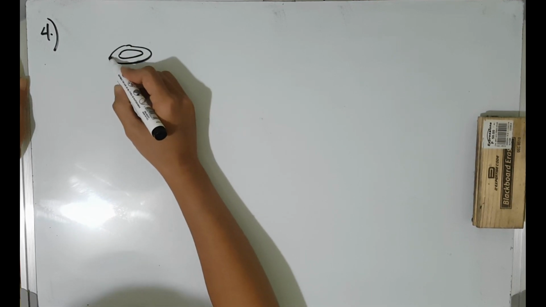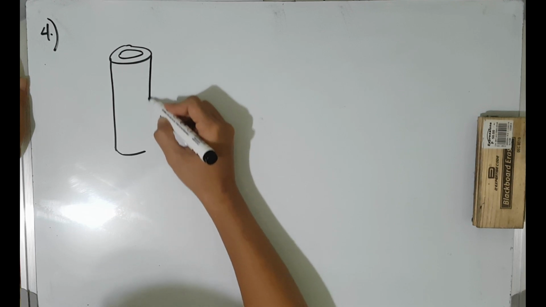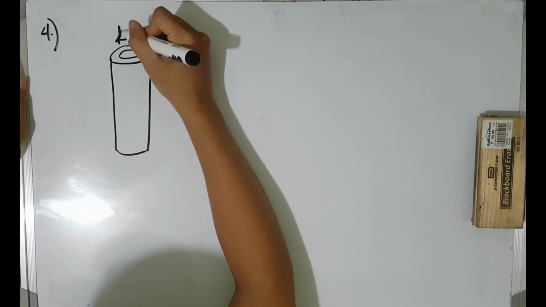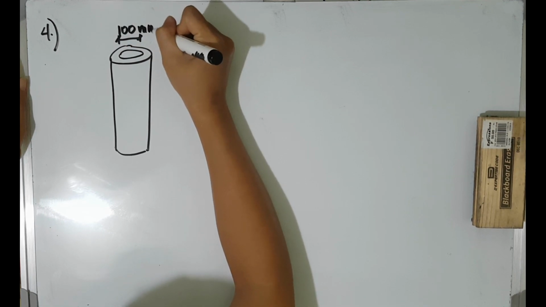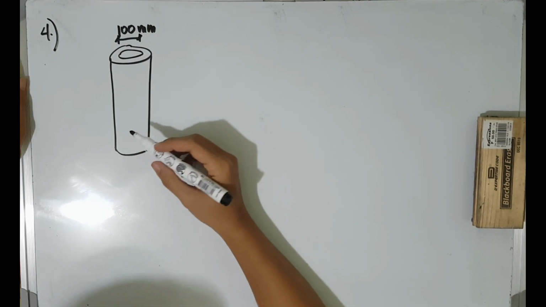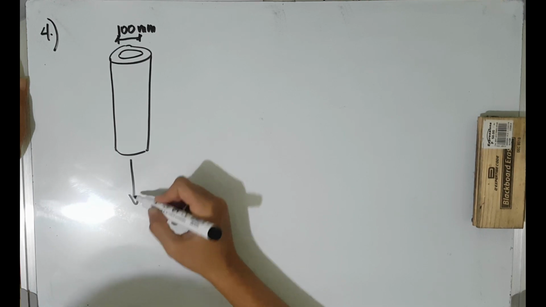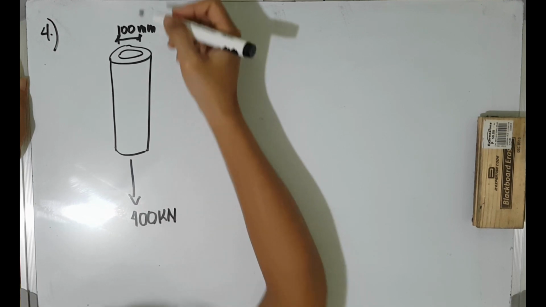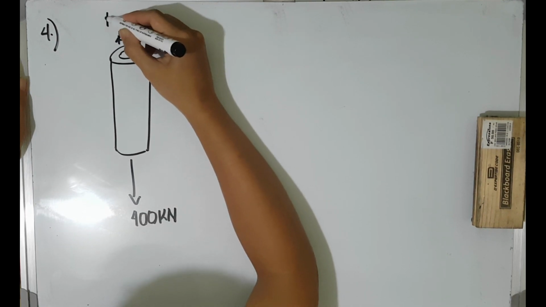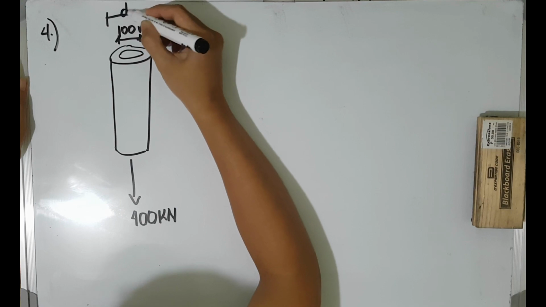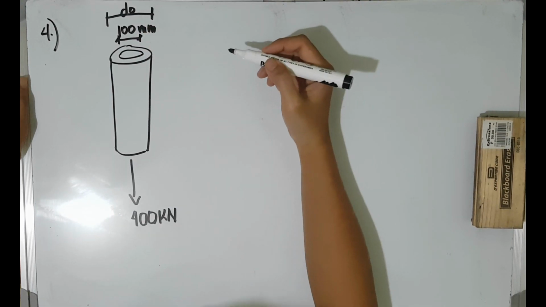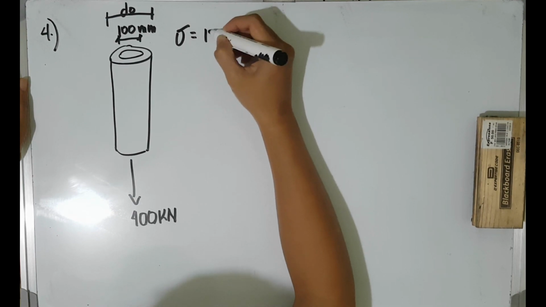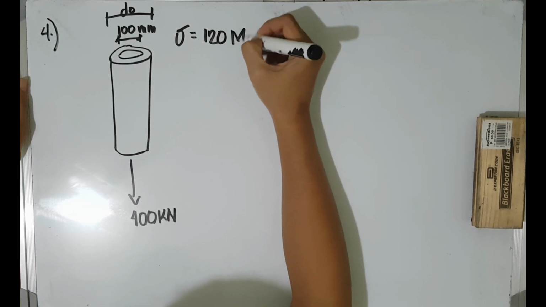So we have here a hollow steel tube with an inside diameter of 100 mm and a tensile load of 400 kN. We will determine the outside diameter of the steel tube if the stress is limited to 120 MPa.